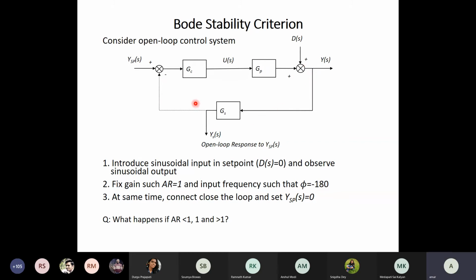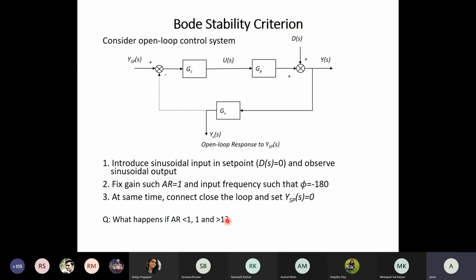At the crossover frequency, if the AR is less than 1, then this AR will continuously decrease, and the system will oscillate, but after some time it will stabilize to some fixed value. That oscillation will die down.